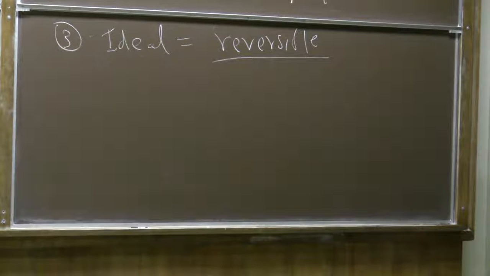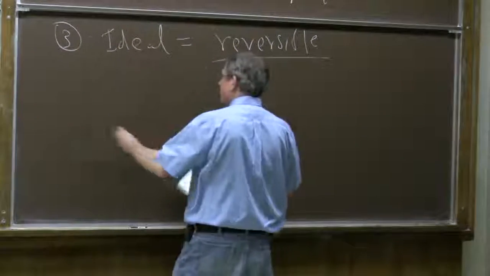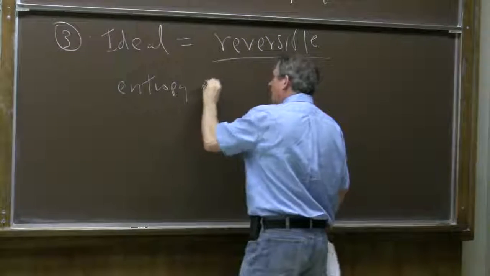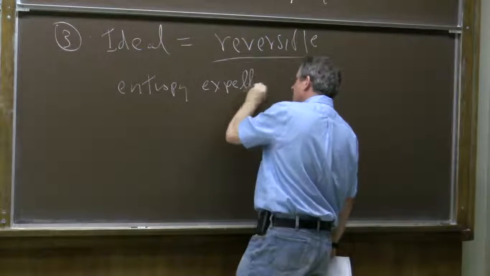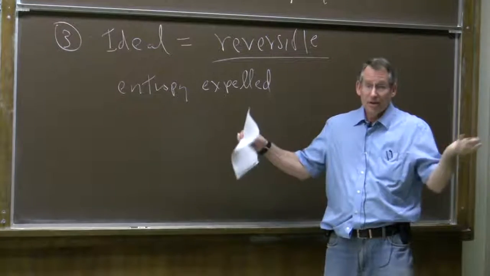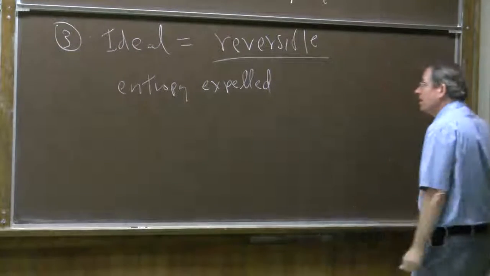So the entropy that the system gains when it draws heat from the higher temperature reservoir matches the entropy that it expels when it expels heat to the lower temperature reservoir. So I'll say entropy expelled. Obviously the system's entropy is the same at the end as it was at the beginning, because entropy is a state function and it goes back to its initial state.